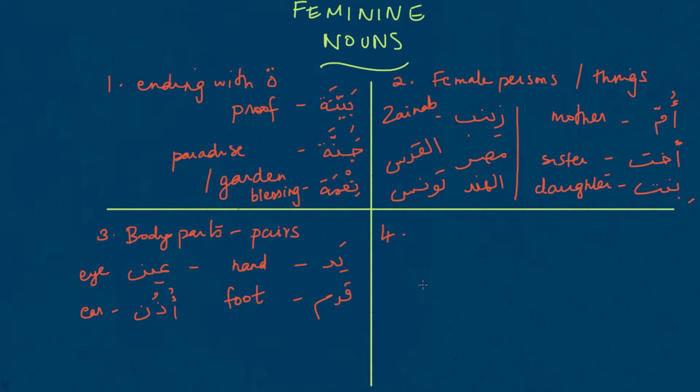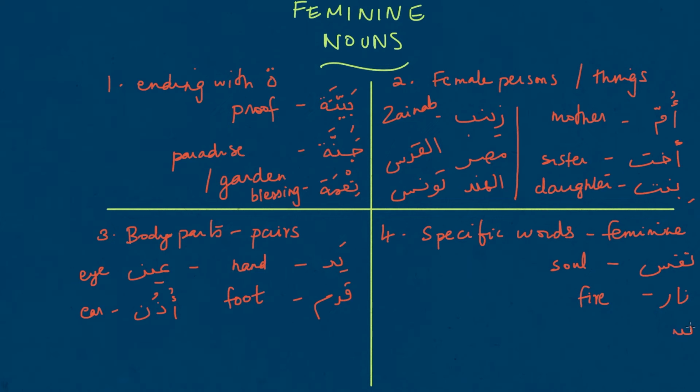Now for the fourth and final category, we have some specific words which are considered feminine. These are a limited number of words which you have to memorize and remember that they are feminine. But this has no apparent reason, although there might be some explanations behind them. So for example, we have the word nafs, the soul. This is considered feminine in Arabic. Nar, fire.